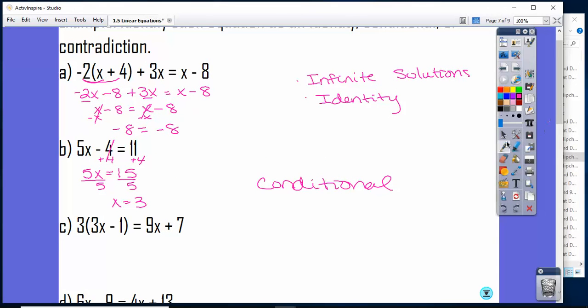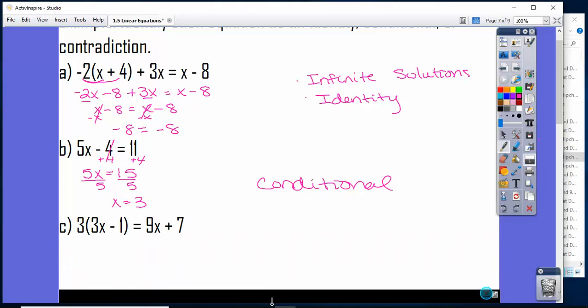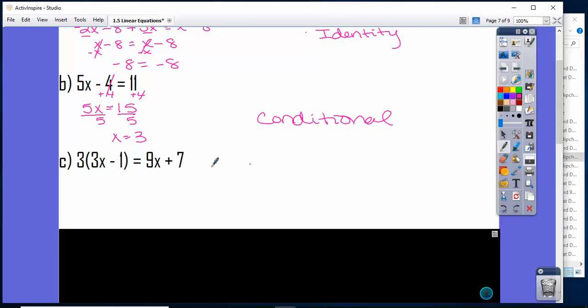Okay. Last one. So if I distribute, I get 9x minus 3 equals 9x plus 7.